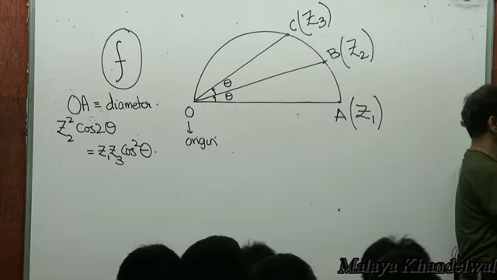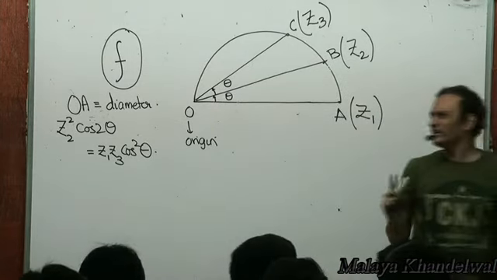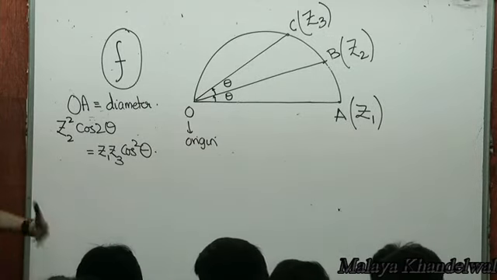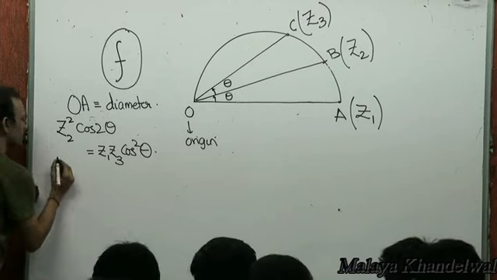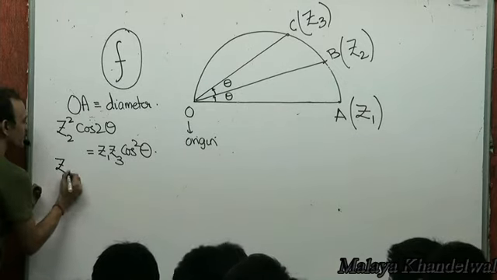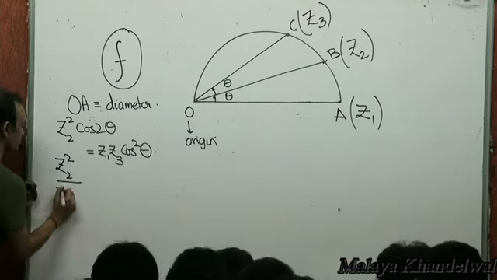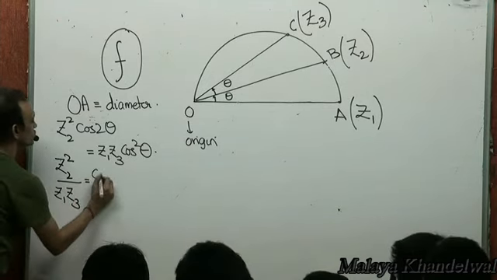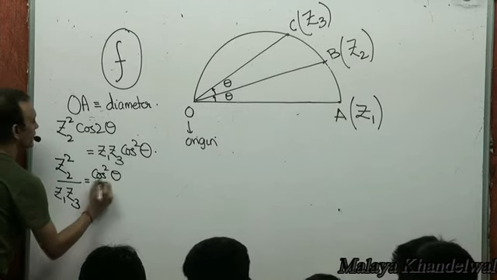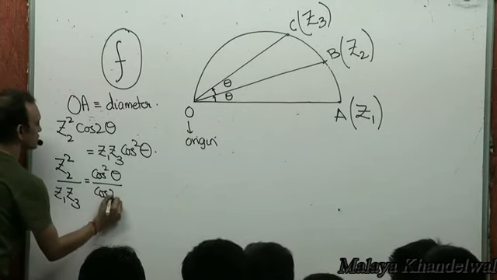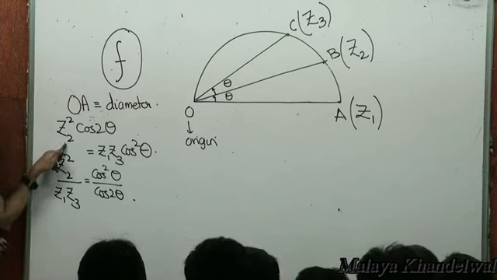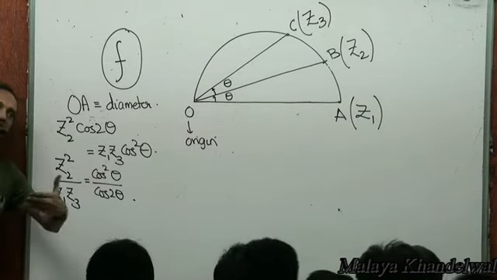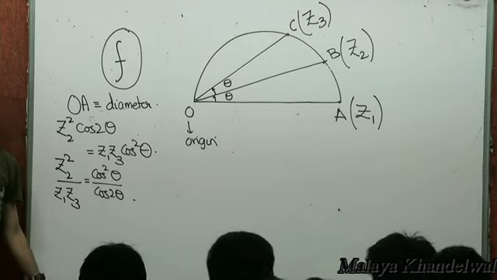Now, we reformulate the problem, right? We address a problem in which instead of doing this, we deal with z2 squared by z1 z3. We want to show it is cos square theta divided by cos 2 theta. We show that z2 squared by z1 z3 is cos square theta by cos 2 theta. Let's deal with this instead. All right.